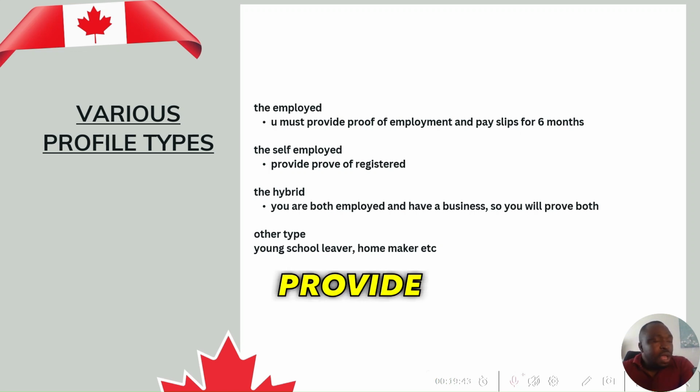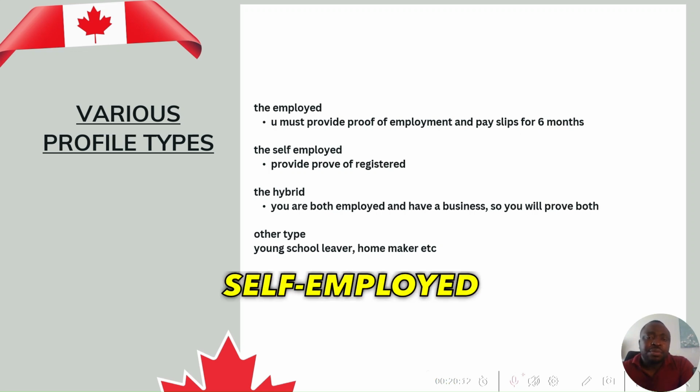You provide all the necessary documentation to show that you are working in that company genuinely. And if you are employed and you are going by this route, there are a list of documents you can provide. If you want that list, let me know and I will send it to you.